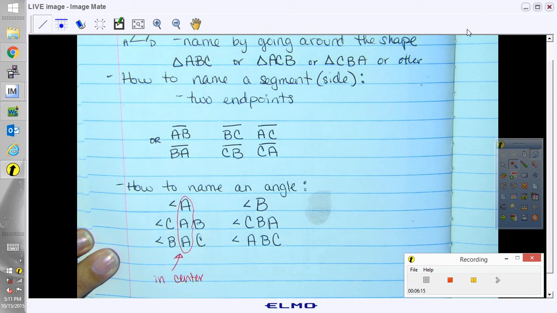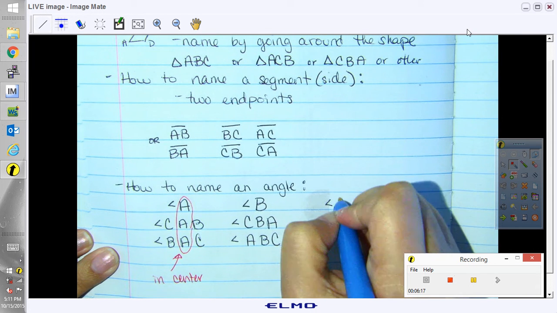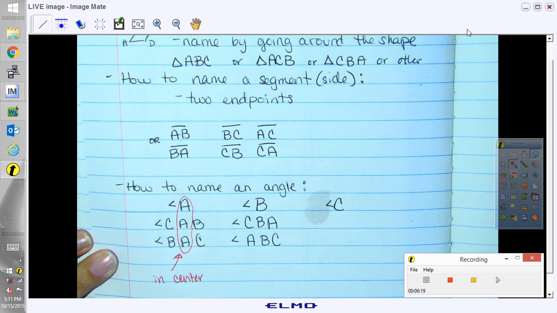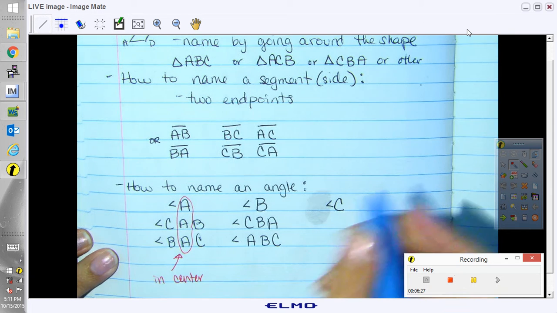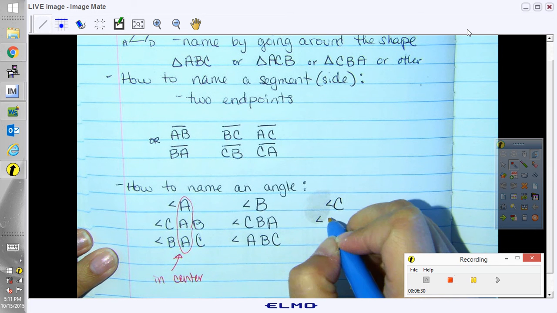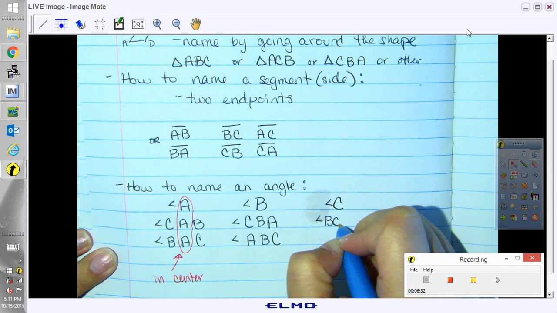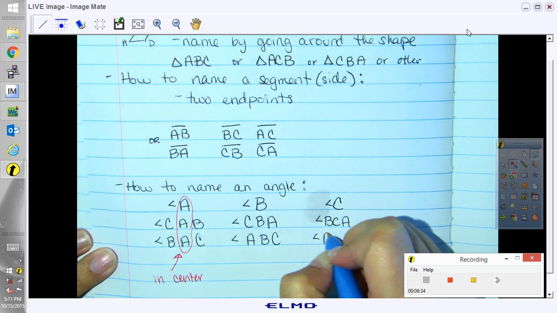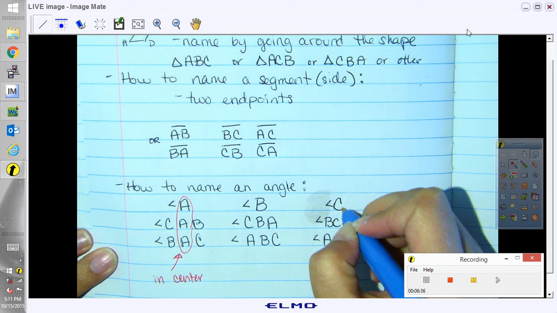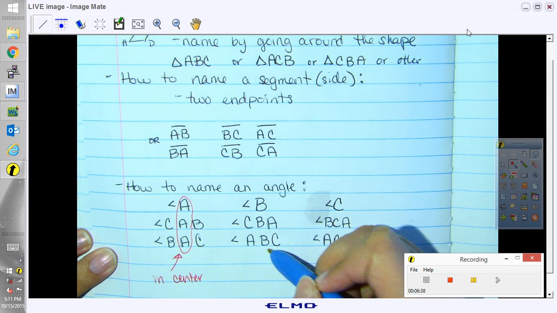Okay, so let's try angle C. Angle C, okay, you try the 2 other ways. So hopefully you got angle BCA or angle ACB. Again, you notice that the C is in the center, over here the B is in the center or in the middle.